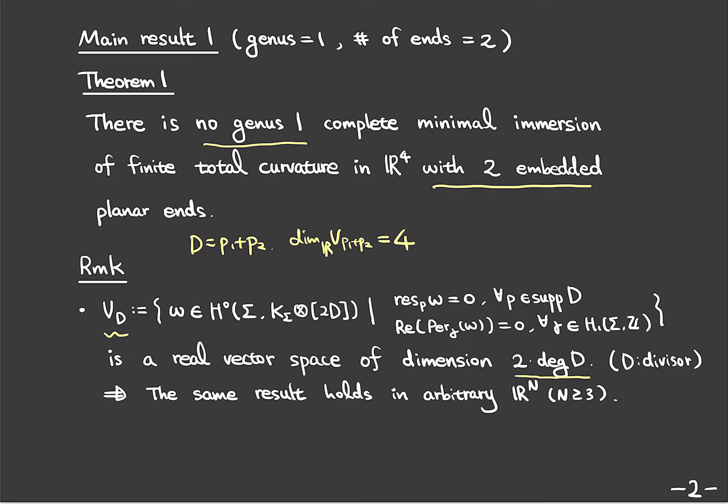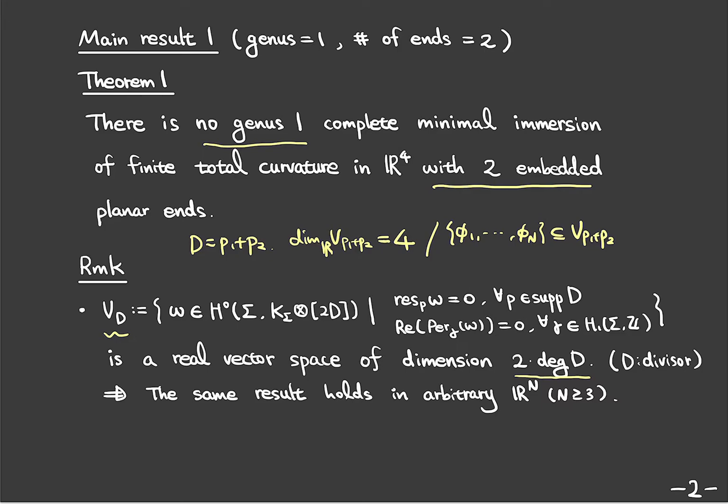Now, if we consider the problem of two embedded planar ends in Rn, then we have n meromorphic 1-forms contained in this V of P1 plus P2.